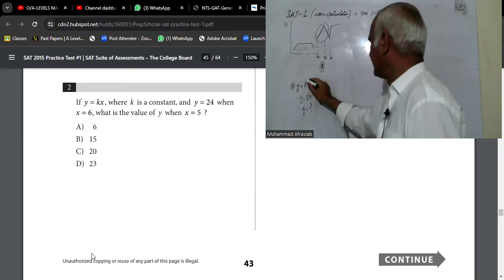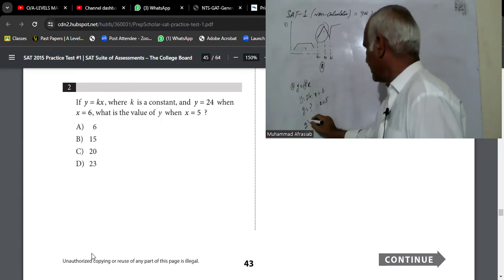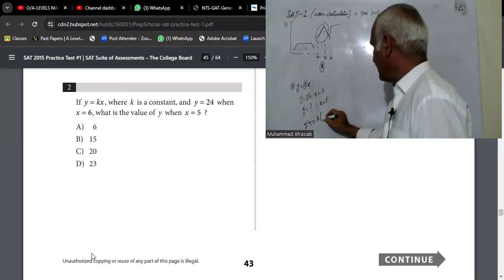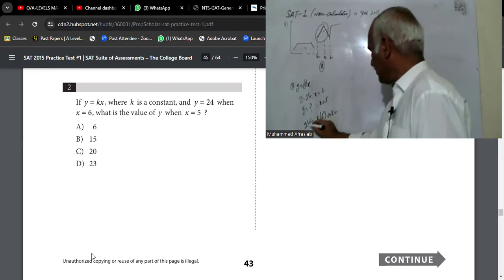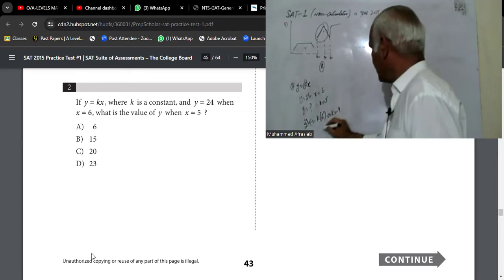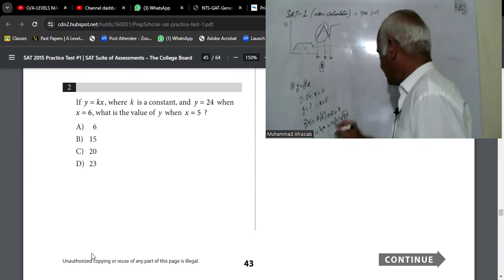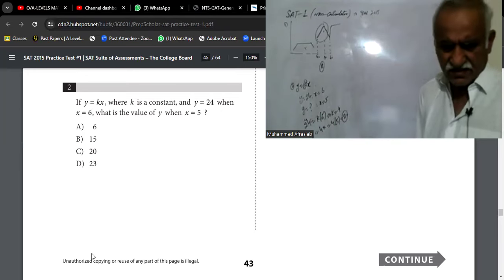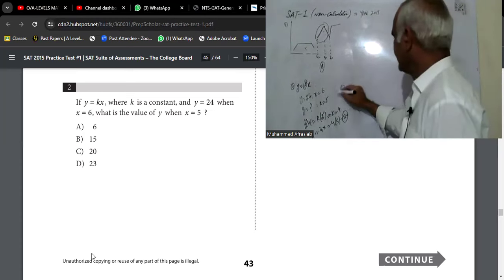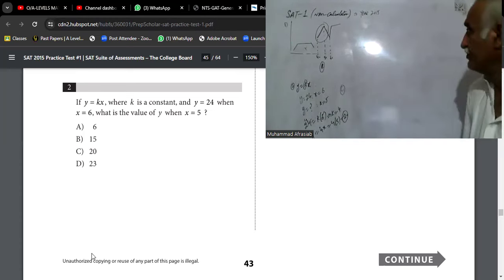First we will get the value of k. y is 24, k into x is 6, so this implies that k is equal to 4. Then y is equal to 4x, and the x value is 5, so it should be equal to 20. And this is the answer, choice C, for question number 2.